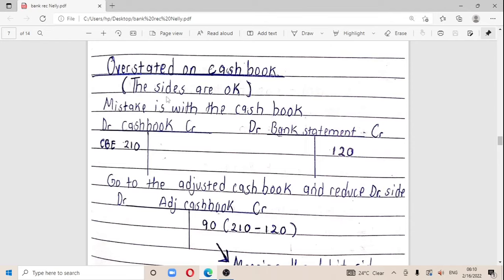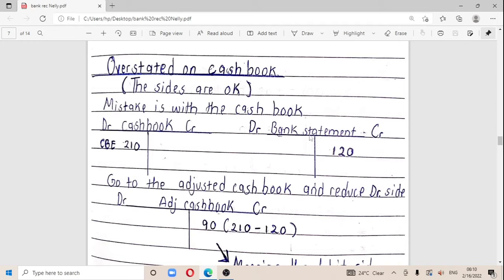So usually the mistakes are made in the cash book because of inexperienced employees or accountants you may bring into your organization. It's on rare occasion that the bank makes mistakes, but they also do make mistakes. So I'm going to be looking at the cash book mistakes when it's overstated, and so many other mistakes.